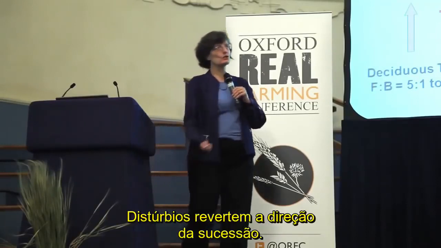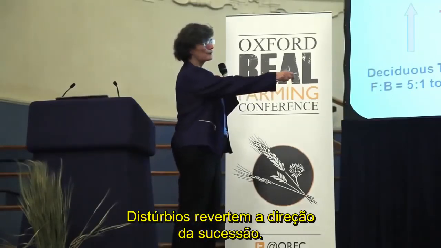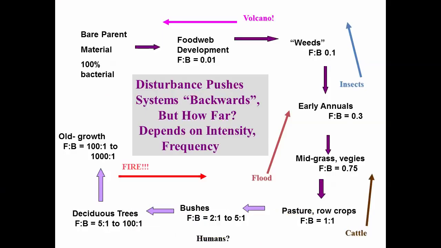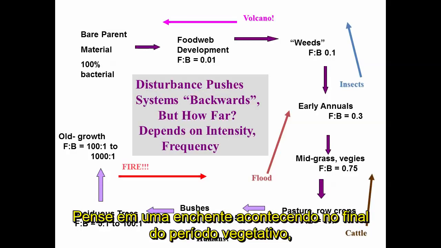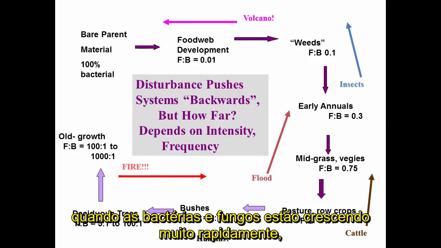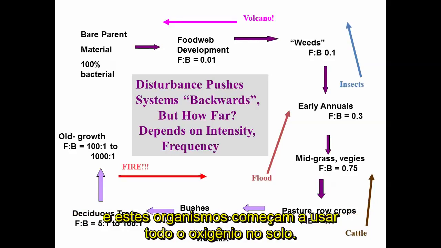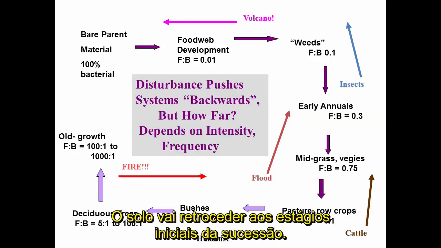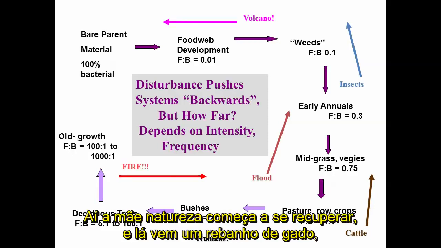So disturbance is going to drive us backwards in succession. Think about a flood that happens late in the growing season where the bacteria and fungi are growing very, very rapidly, and those organisms start using up all the oxygen in that soil. You're going to be driving your soil back to really early stages of succession. And then Mother Nature starts to rebuild.